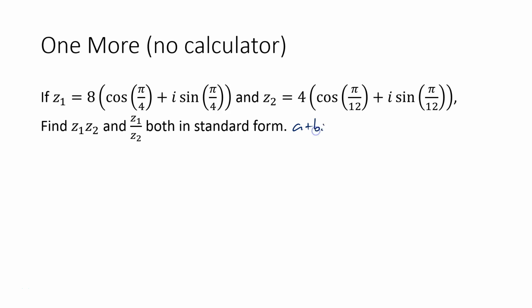That's a plus bi. So z1 times z2, we multiply 8 times 4 is 32. I'll write it out. 8 times 4. Then we times cosine. So pi over 4, that's 3 pi over 12. If you add one more pi over 12, we'll write it out. So we got 3 pi over 12 plus pi over 12 plus I sine of 3 pi over 12 plus pi over 12.